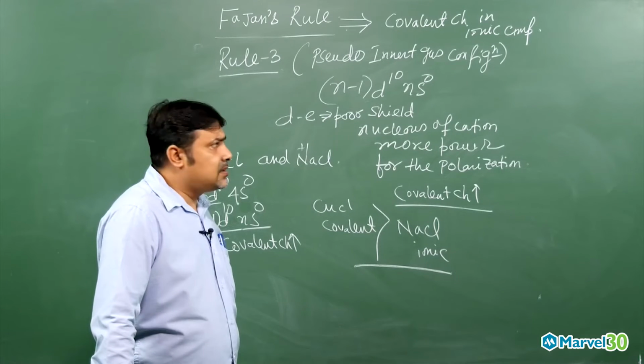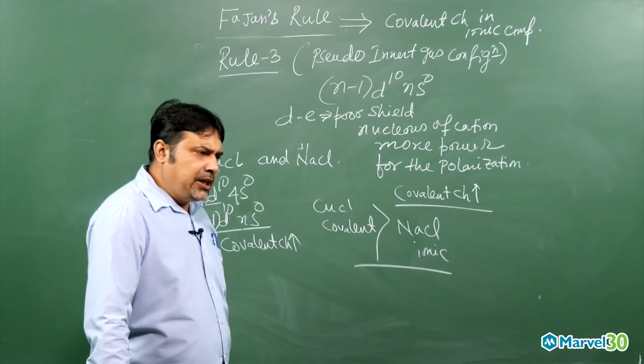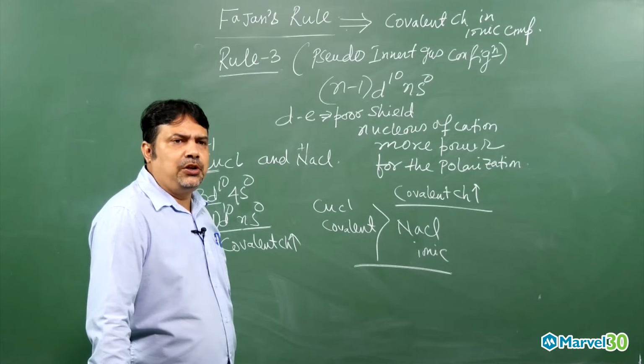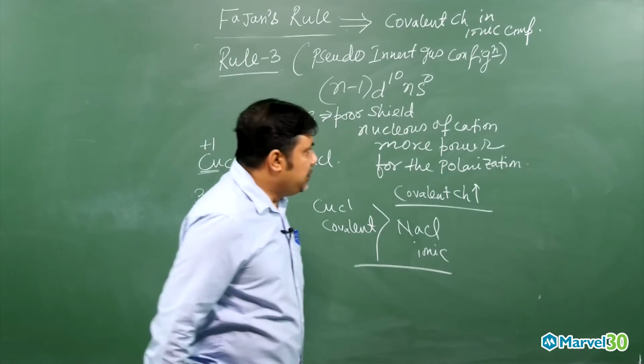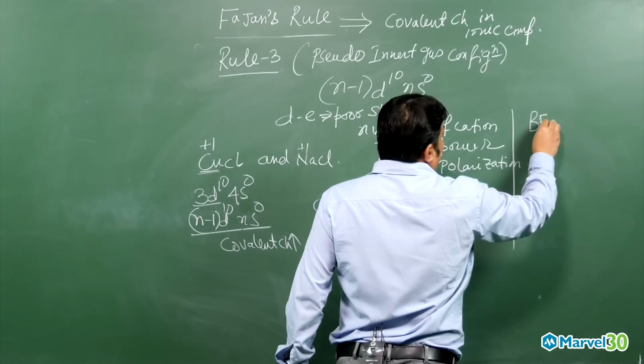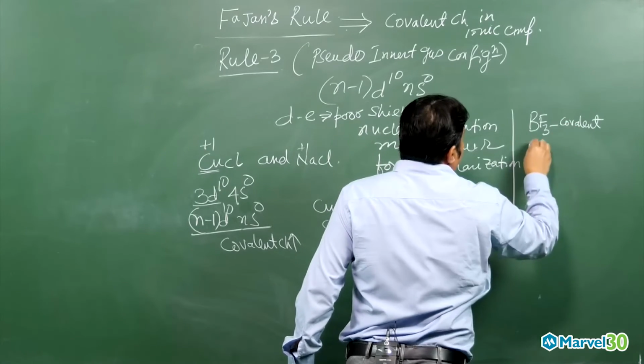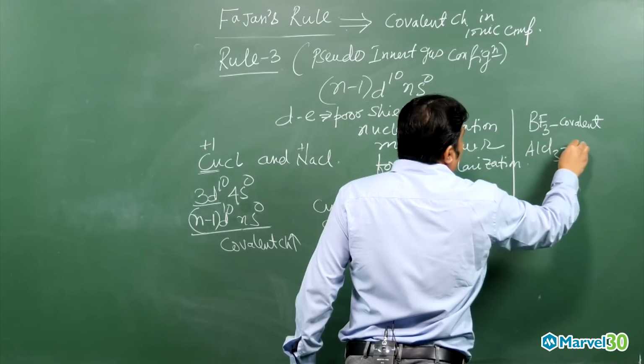Once you understand Fajan's rules, then in periodic classification and when you go for the p-block elements, you will get questions like BF3, which we already discussed. BF3 is covalent in group 13, whereas AlF3 is ionic in nature.